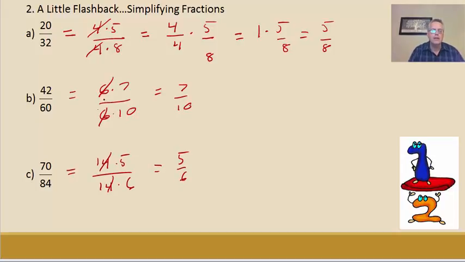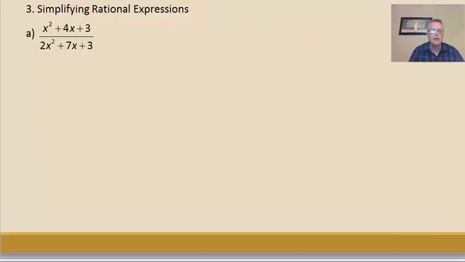All right, now this is going to get a little bit more challenging. So here we have what's called a rational expression. It has a polynomial in the numerator and a polynomial in the denominator. Just like with the numbers, we need to factor. So that's why I left a lot of room here. x squared plus 4x plus 3. I need two numbers whose product is 3 and whose sum is 4.